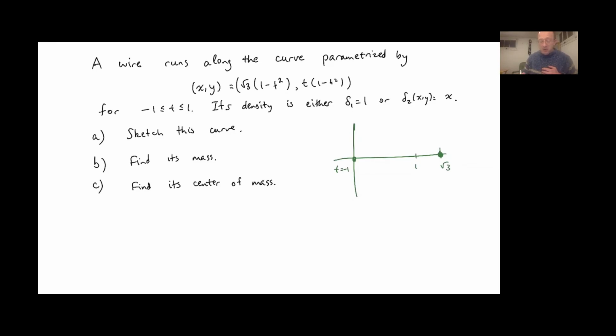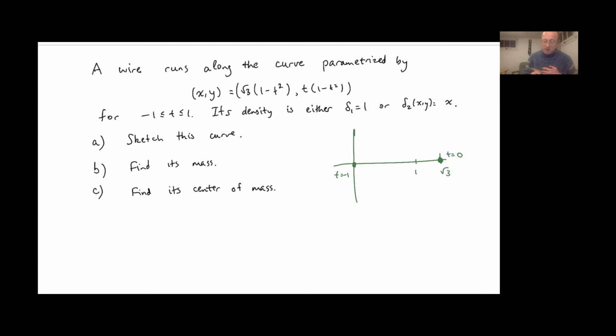Then at the end, when t equals 1, x is back to being 0, and y is also back to being 0. So we're back here at t equals 1. If we plot a few more points, like t equals plus or minus 0.5, we can see that this curve starts at the origin, loops over to the side, and loops back.